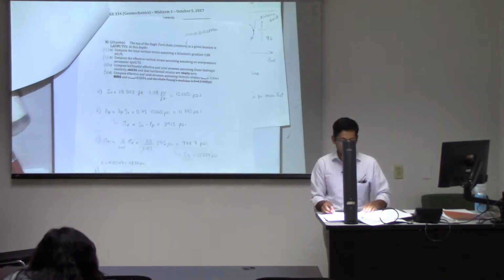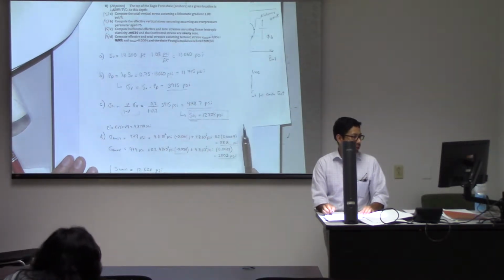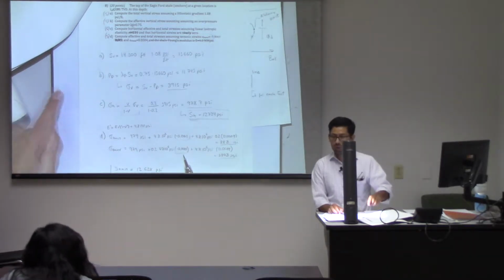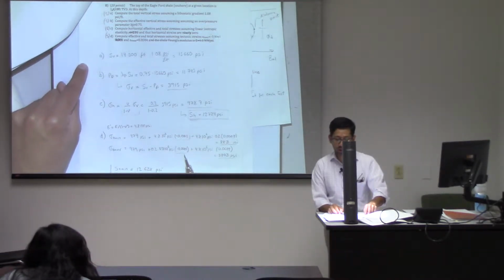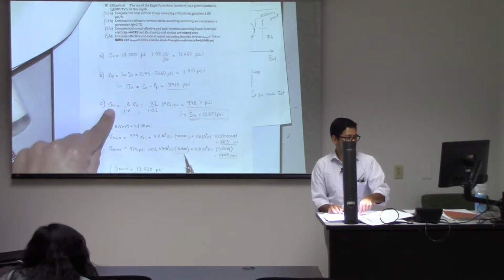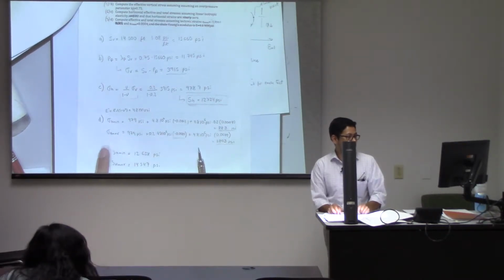Let's see the next problem. It's a horizontal stress calculation using tectonic strains. So you first calculate total vertical stress, calculate pore pressure, calculate horizontal stress, in this case without tectonic strains, and in this case with tectonic strains.